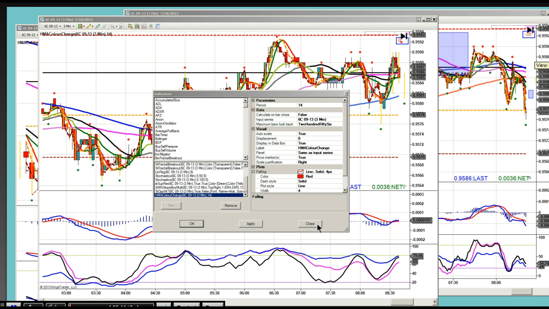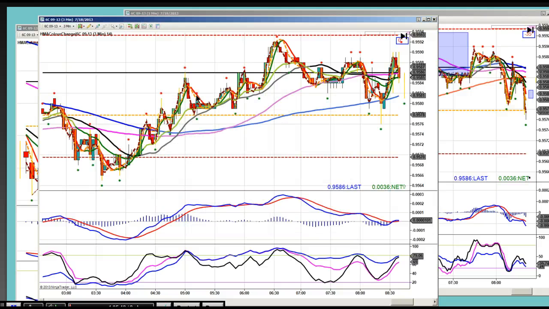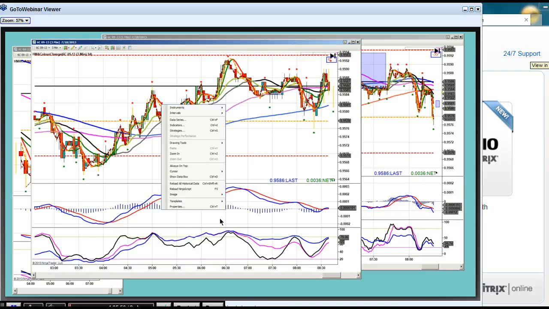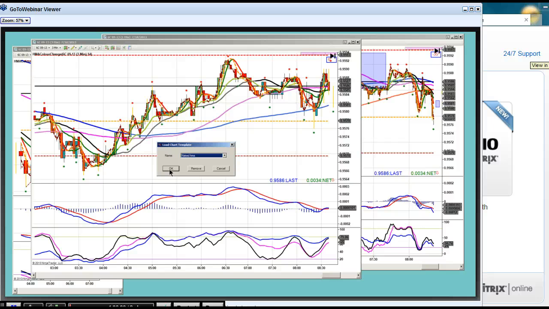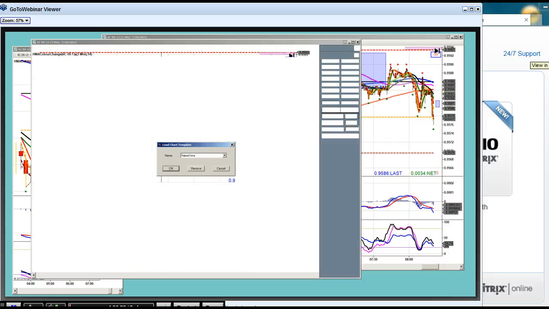For the purpose of this exercise, I'm going to change my template to a more simple chart, and you can take things off and add things on. I've got a chart that I call the Naked HMA, meaning I've taken off lots of things, and the one thing I want to stand out is my HMA color change and my LinReg 9.